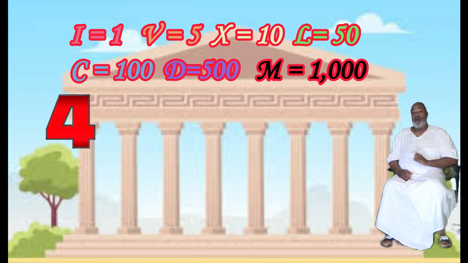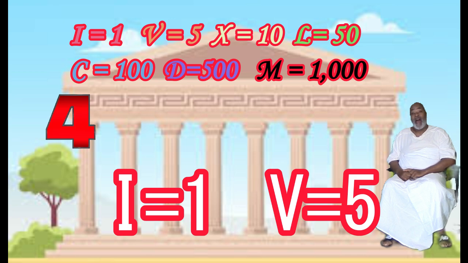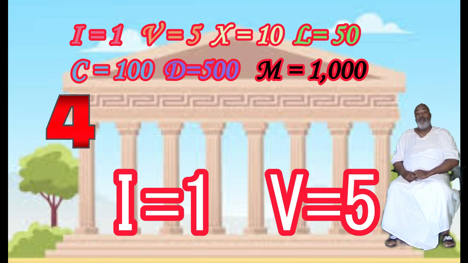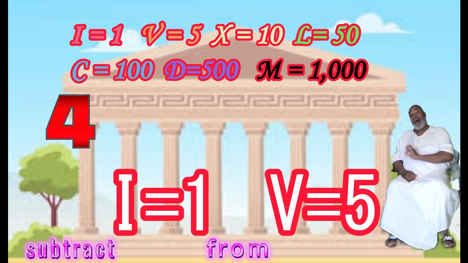Now, what do we already know? We know that capital I is 1, and what else do we know? Capital V is 5. So here's where the subtraction comes in. When we write the number 4, we have to subtract 1 from 5.